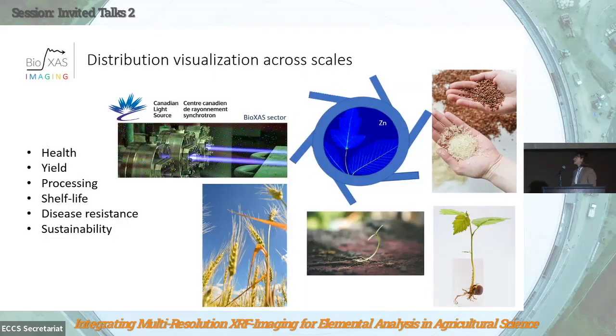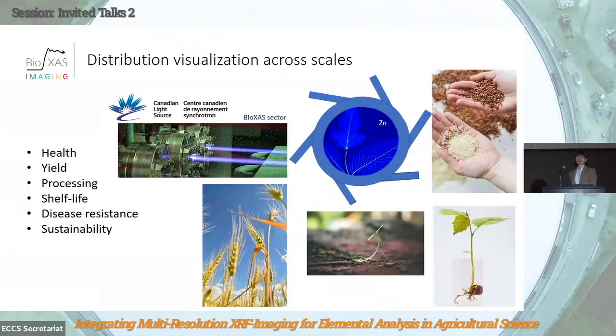Synchrotron-based visualization can provide a very powerful and non-destructive insight, for example, into plant health or crop yield, or it can be used to study or extend shelf life of crops or seed processing, and also can offer insight into disease resistance and sustainability.